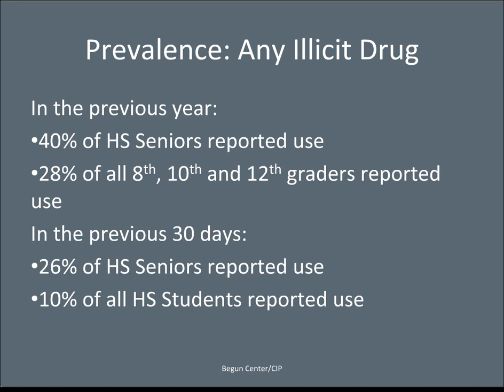So there's always that range, anywhere from 10 to, let's say, about 20% of all high school students have used in the last month. So that's 1 in 5. You walk into any classroom and 1 in 5 of those students have used something in the last month. And when we say in the last 30 days, we talk about that as being current use.